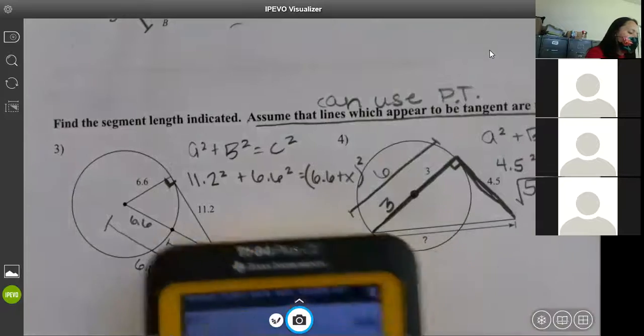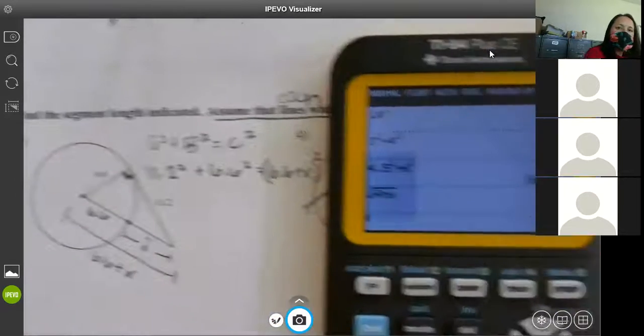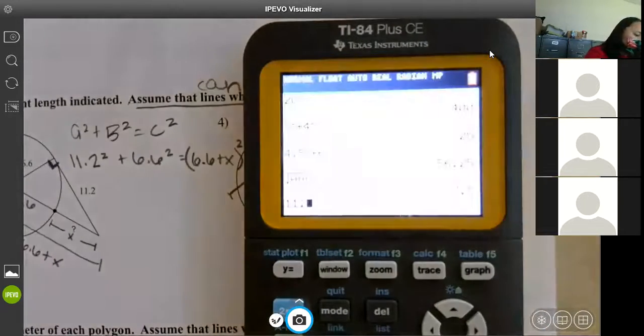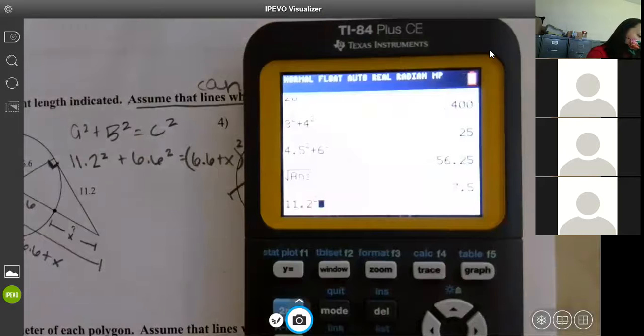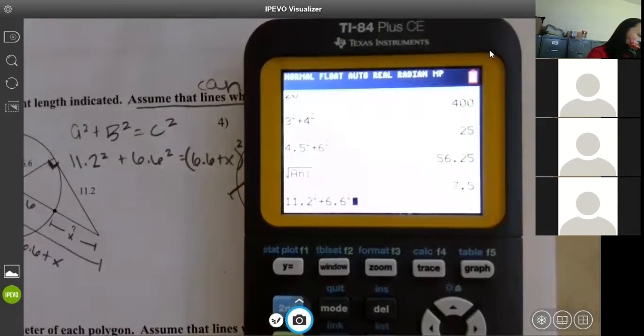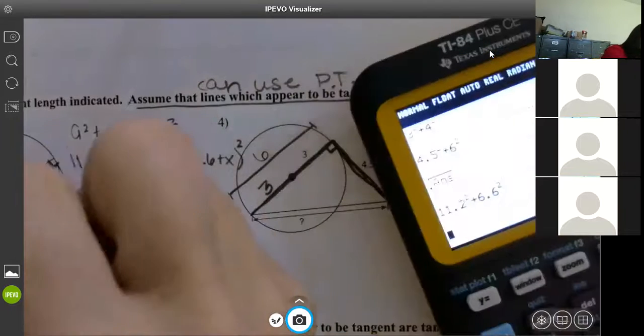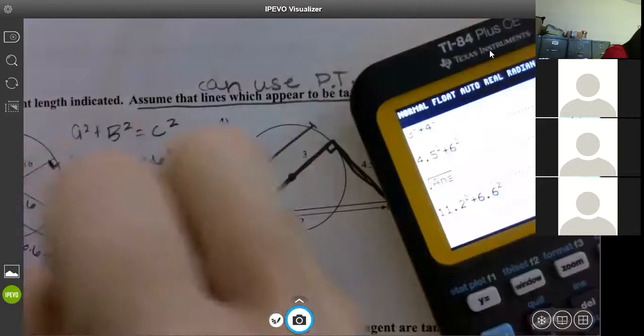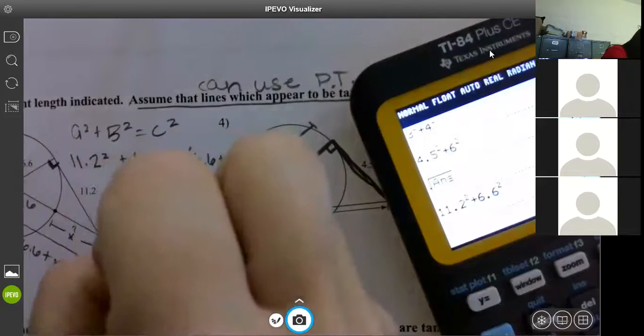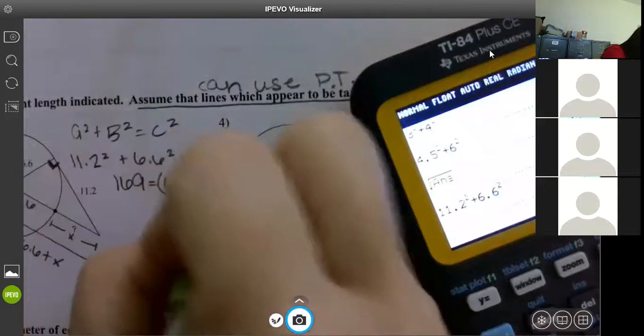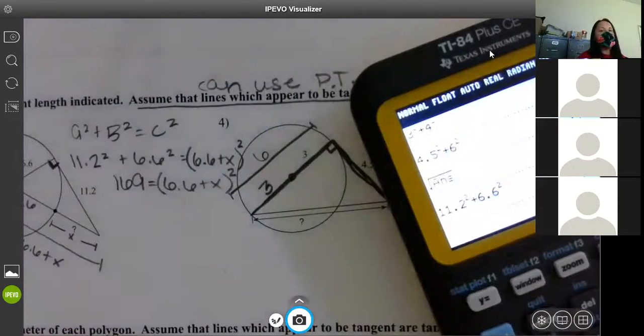We're going to clean this up. 11.2 squared plus 6.6 squared gives us 169. There are 2 ways that you can solve this.